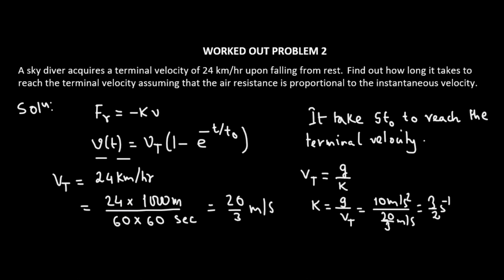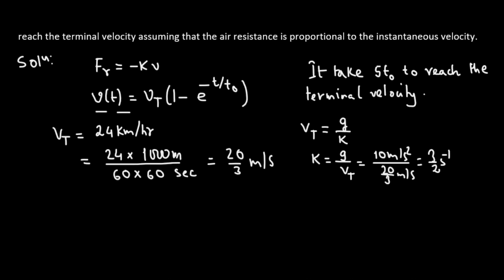Now that we have k, we are going to determine the value of t naught. Our t naught is given by the reciprocal of this constant of proportionality, 1/k, which equals 2/3 seconds.